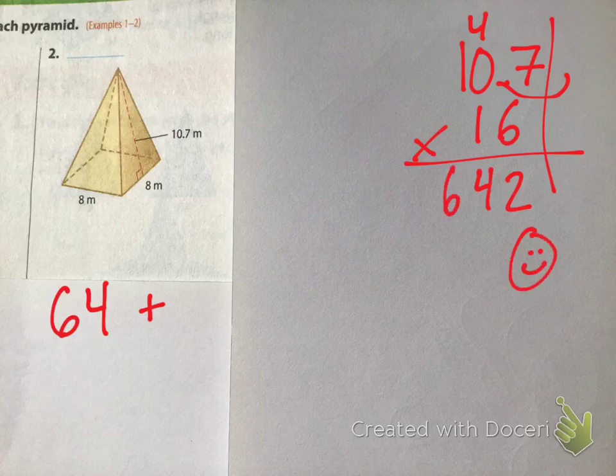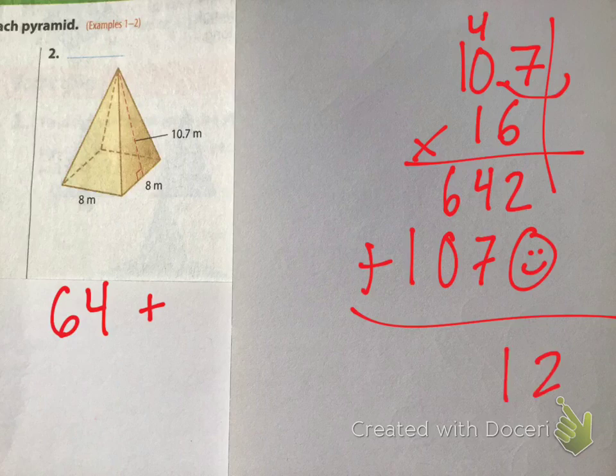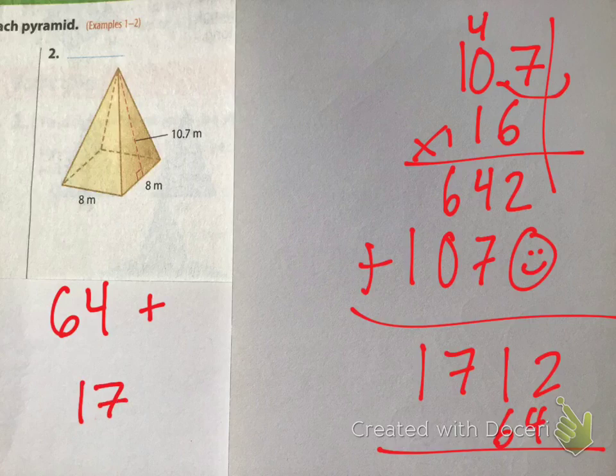Magic 0! 1 times 7, 7. 1 times 0, 0. 1 times 1, 1. Add it all together. 2, 1, 7, 1. Let's add that 64 in just for good measure. And now we get 1, 7, 7, 6. But if you were paying attention, I forgot to do something, and I made a mistake.